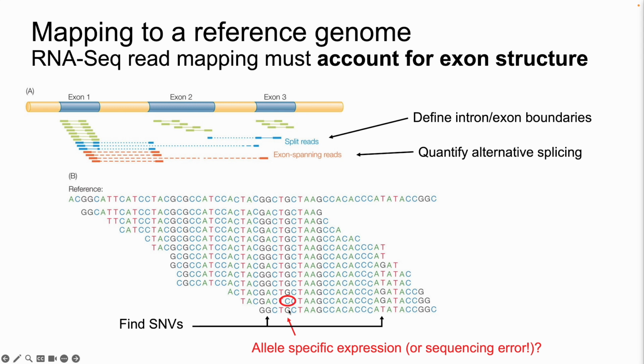and the sort of added issue with calling SNVs from this data is that you have the potential for allele-specific expression. So if you remember way back when I talked about error calling and quality control, I said in this example where we've got one read that has a different nucleotide in it, do you want to call that a variant or not?